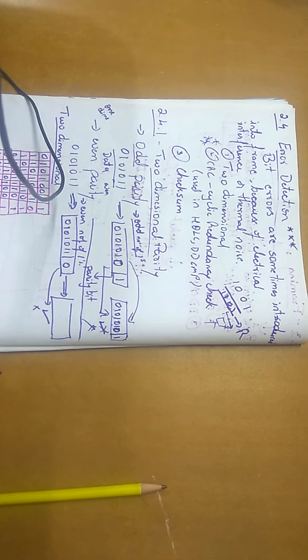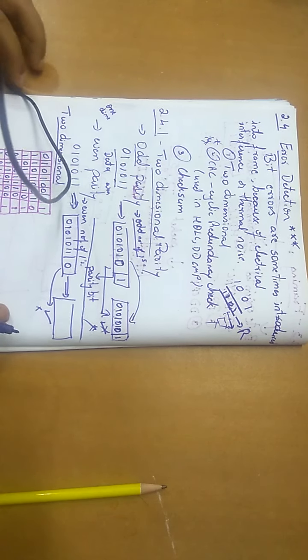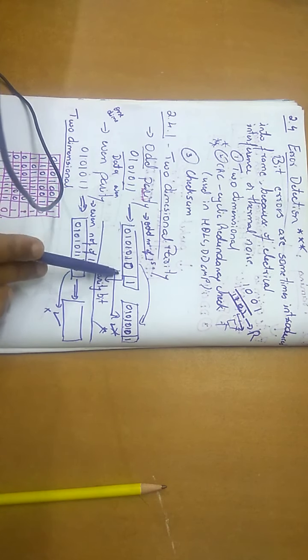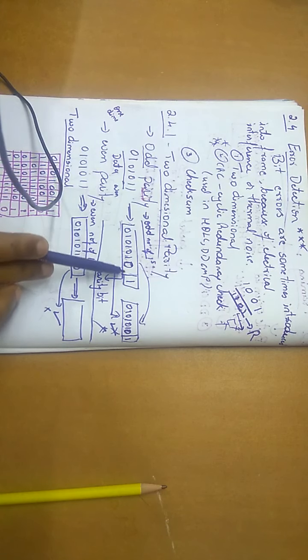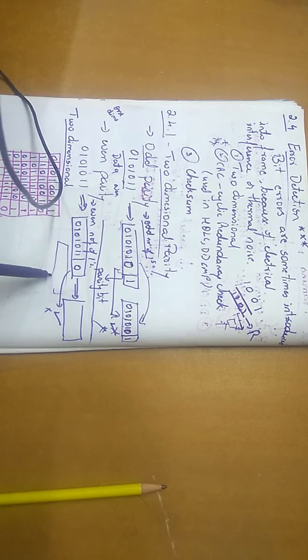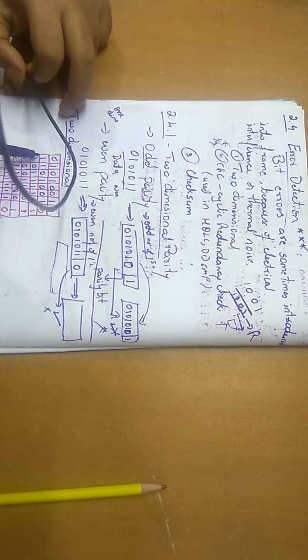Based on this one-dimensional parity, what's the drawback? For every frame we have to construct a parity bit. Suppose this is one frame; here we have to add, here we have to add. But when we are sending a huge amount of data, a huge number of error detecting operations has to be done. That's why they combine different frames. See, this is one frame, this is another frame.